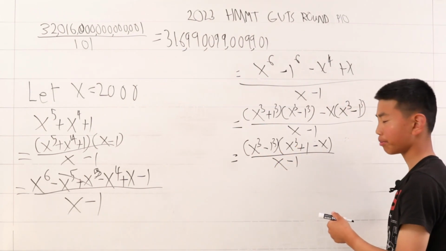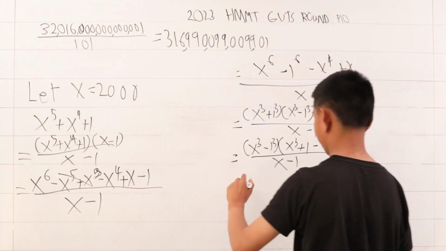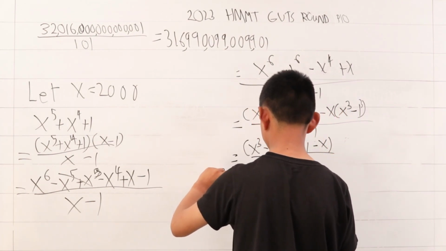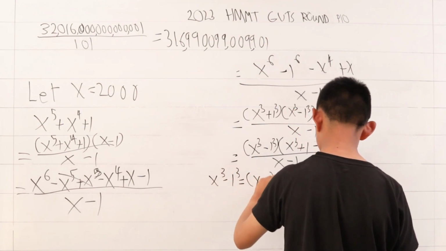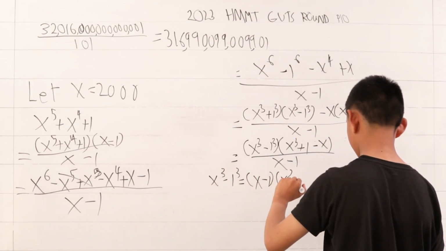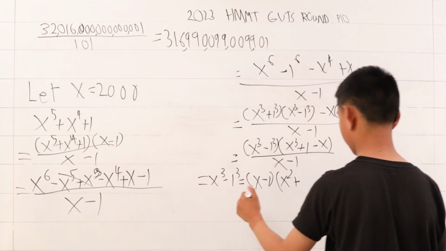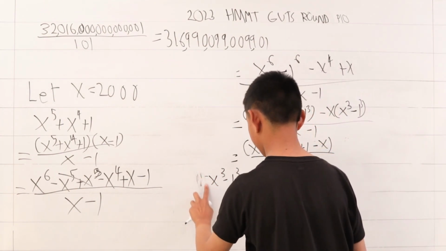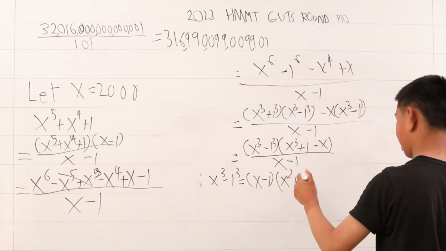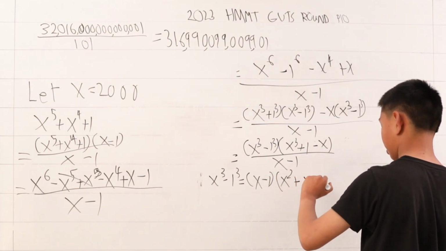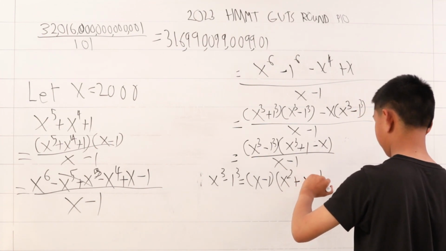According to algebraic formulas, we can further break this down. x cubed minus 1 cubed is x minus 1 times x squared plus x plus 1.